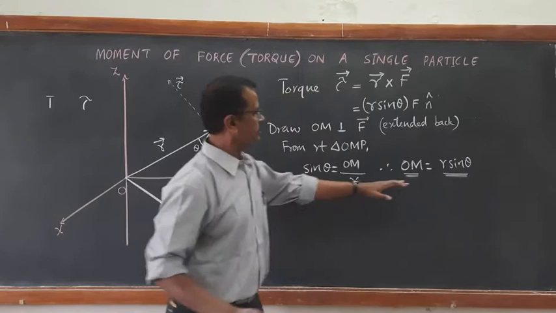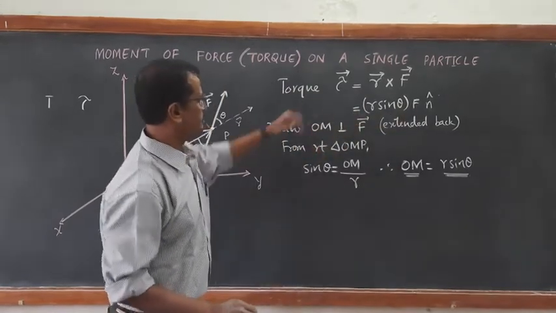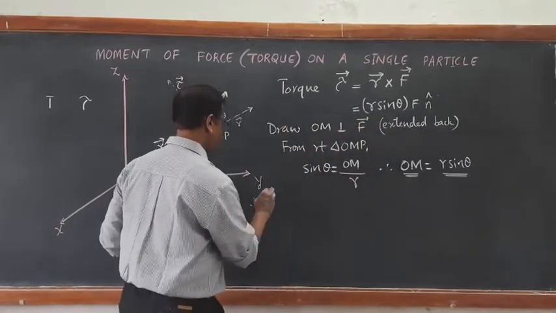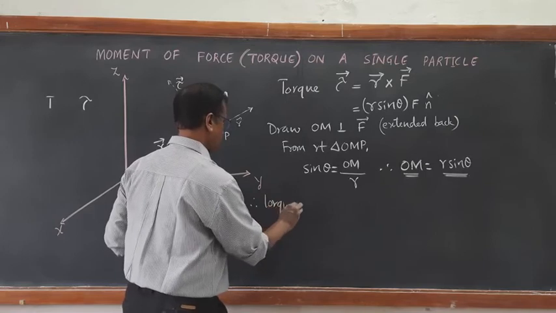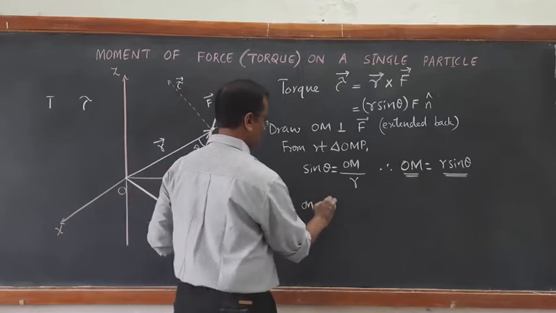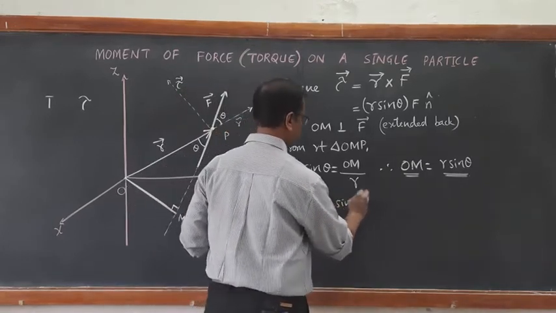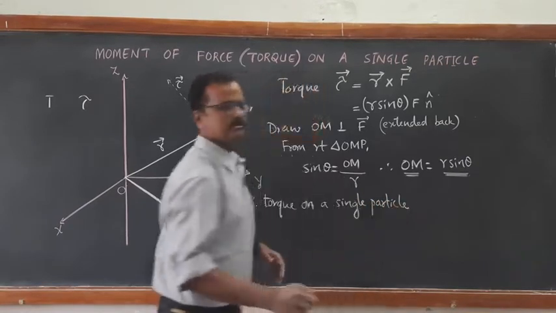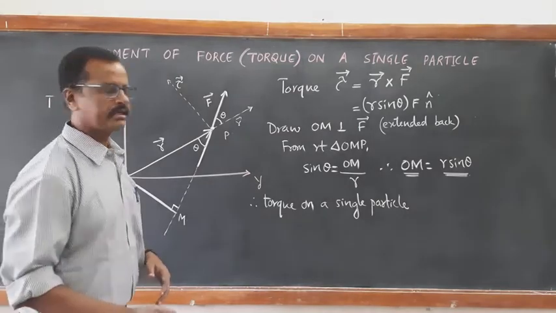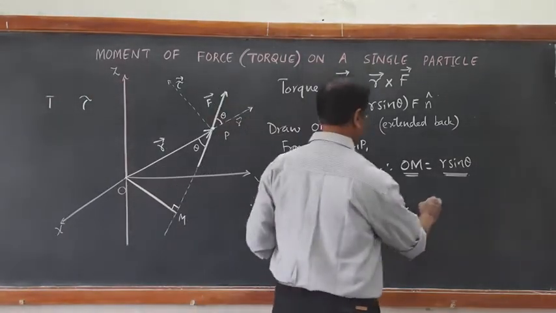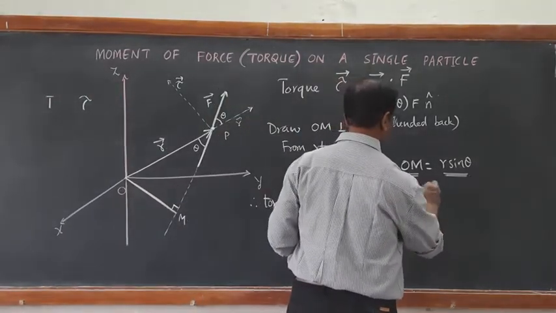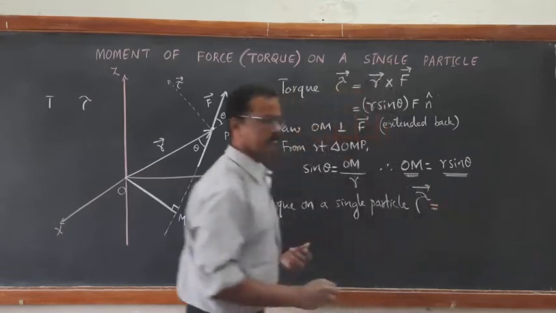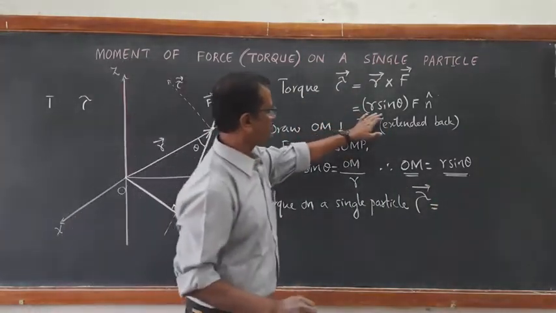Thus, I can substitute R sin theta in this equation. Therefore, torque on a single particle due to force F, torque tau vector, is equal to R cross F, R sin theta.